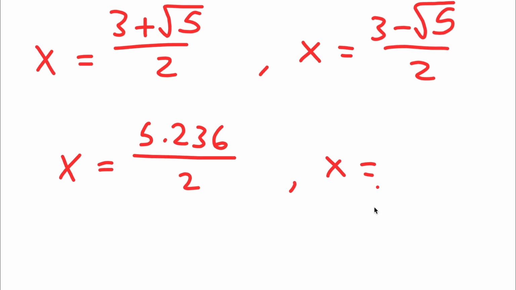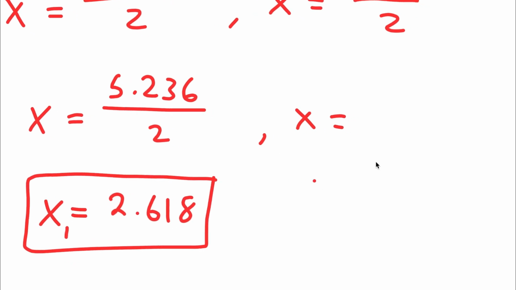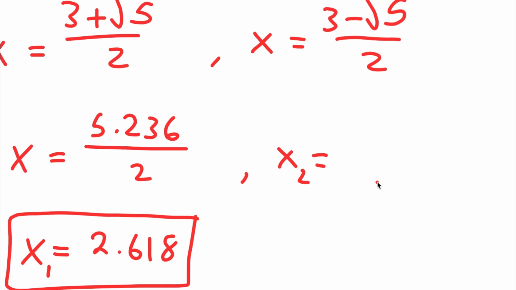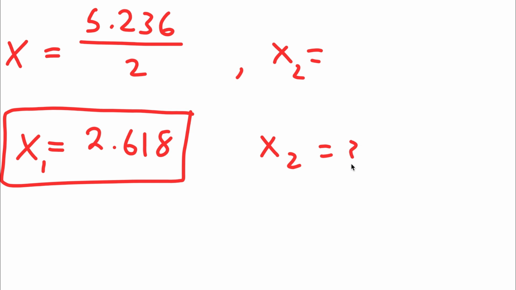And we get x is equal to 2.618. So this is one solution of x. And x of 2 is equal to 3 minus the square root of 5 over 2, which is equal to 3.82.